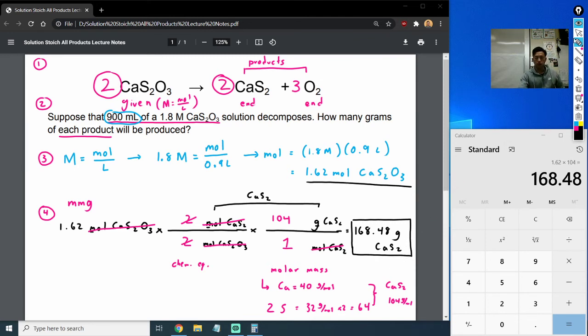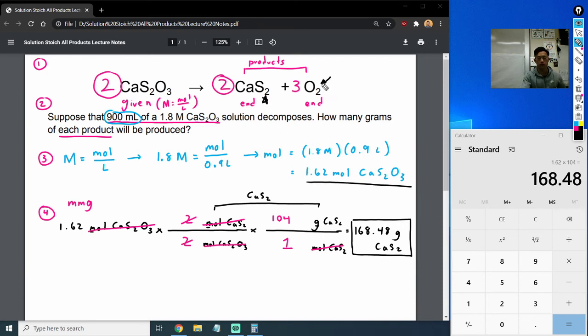Okay, so that's our first answer, but we're not done yet because we're not just looking for grams of CaS2. We're looking for grams of all or both products, each product. If you notice, like we said earlier, there are two products, and so we found this one. We're good to go with the first product, but now we have to find the grams of the other product, O2.